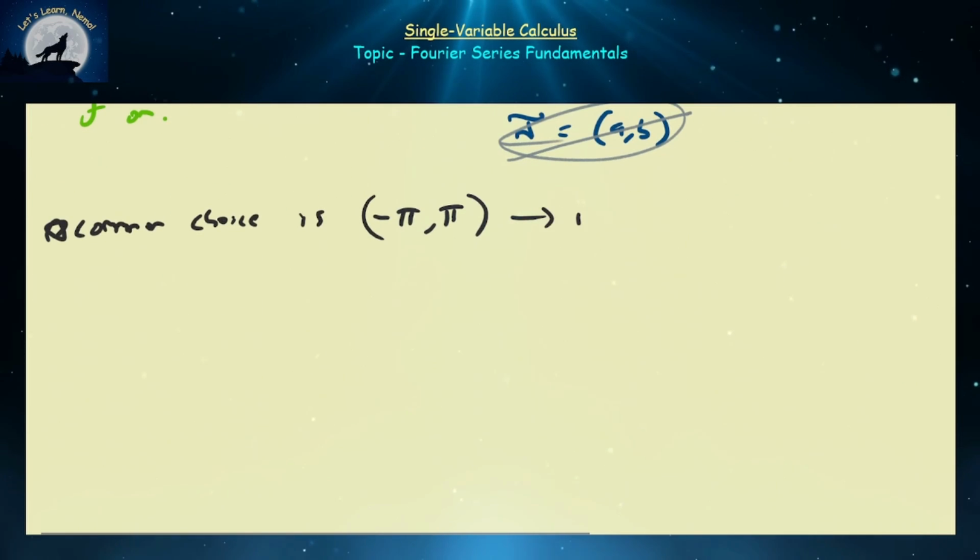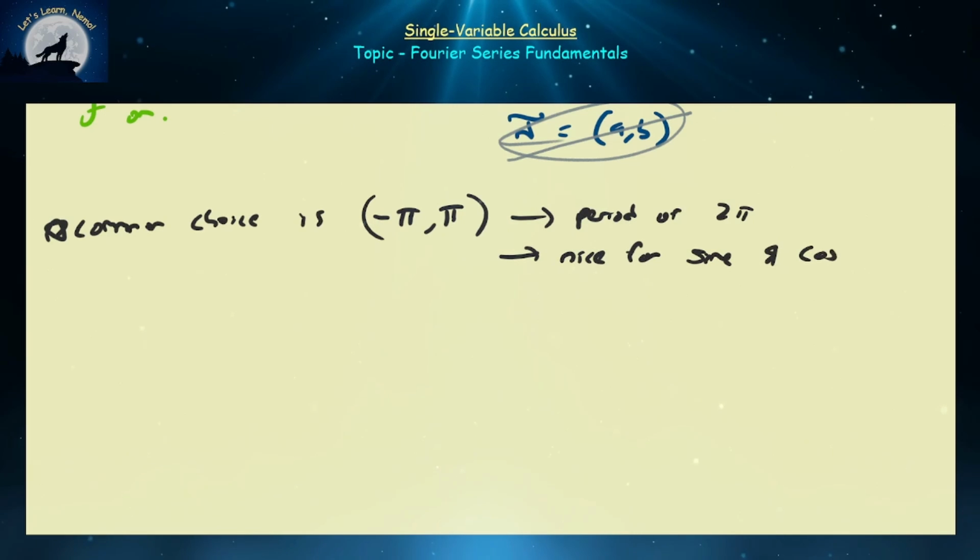So this obviously has a period of 2 pi, which means it's nice for sine and cosine. But again, you can change this interval to pretty much anything you want. The math slightly changes and is a bit more complex or not as representable, I guess you could say, but it's definitely possible, but we'll get into those little things another day.